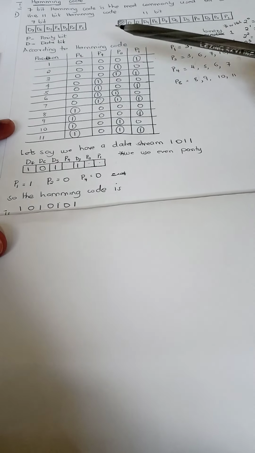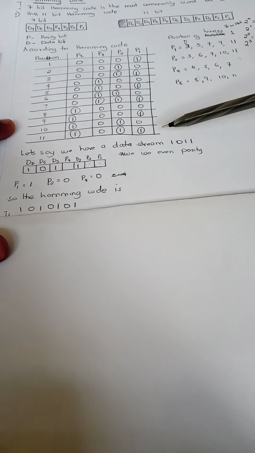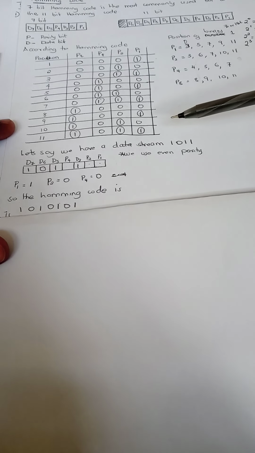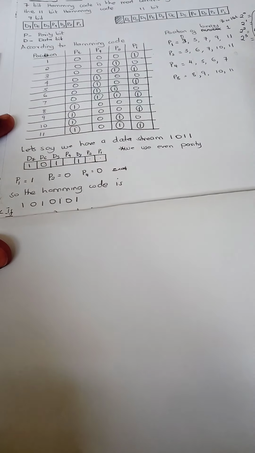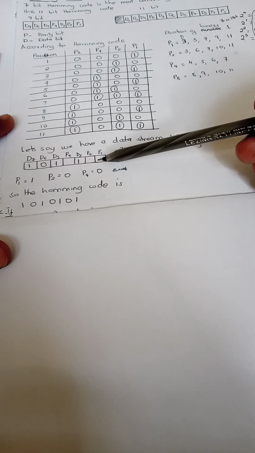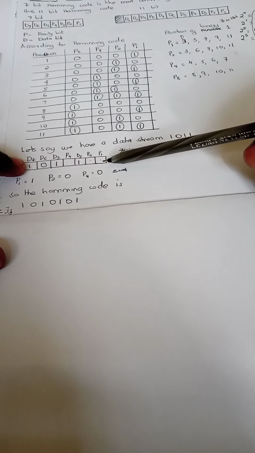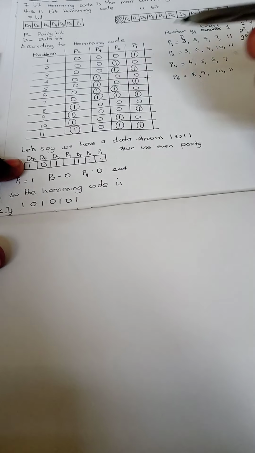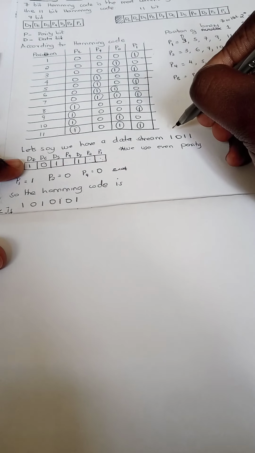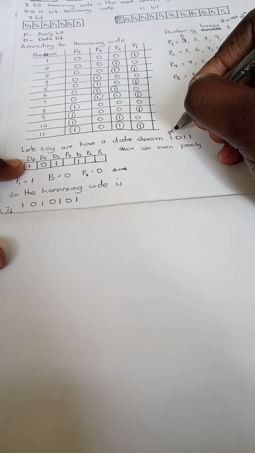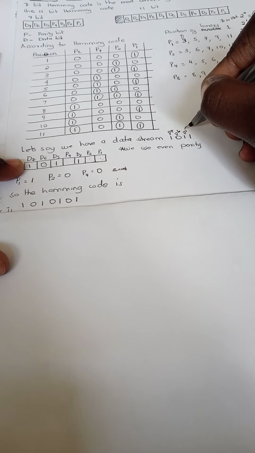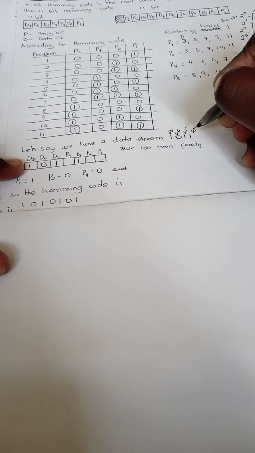So let's say we have a data stream of 1011. You write it out. We're using the 7-bit Hamming code, so you will draw 7 bits and position the data bits. So if you have 1011, this will be data bit 7, data bit 6, data bit 5, and this will be data bit 3.